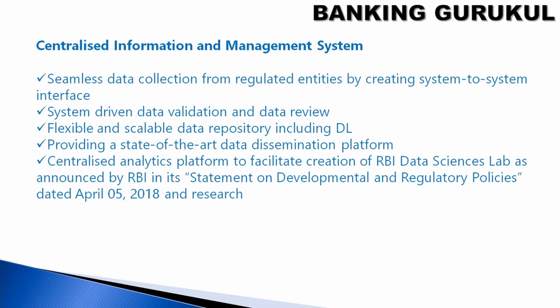Now what is happening? From the system, a manual or Excel format is generated and sent to the regulator bodies. From there it is uploaded into the system, then they make the information management system. Now after this implementation, it will move from one system to another system.